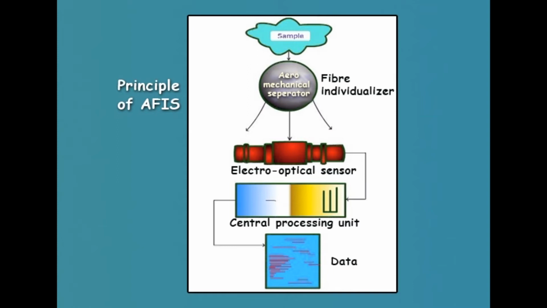A fiber sample is introduced into the system and processed through a fiber individualizer which automatically separates the sample into 3 components consisting of clean fiber, microdust and trash. Each of these components is transported in a separate pneumatic path and may be analyzed electro-optically or by other means. The data processing and reporting are handled by an industrialized PC.